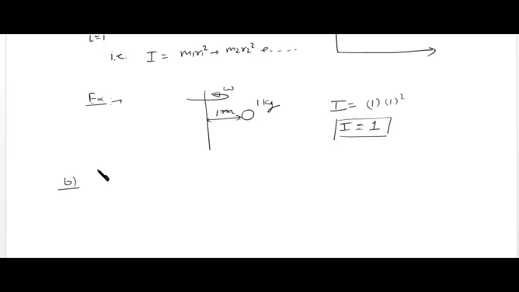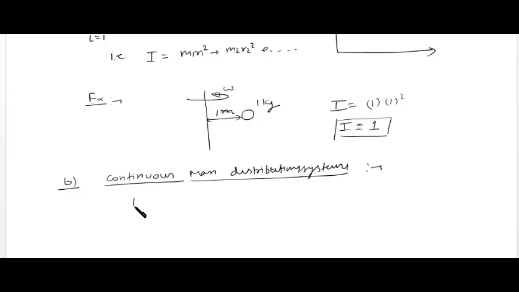Talking about more complex systems, we generally deal with continuous mass distribution systems. Here mass is present in a regular fashion.